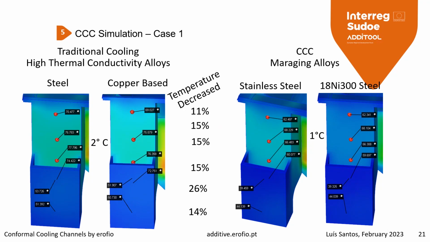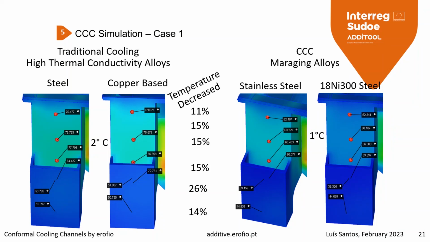The change between the studies is related to materials. For the traditional cooling, we are using high thermal conductivity alloys. It's not the most common steels, but steels with high thermal conductivity, and also copper-based alloys. There are not that many differences in our simulation, and the results are shown in the plastic part.